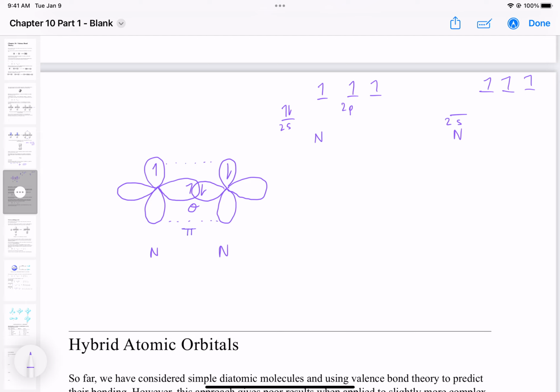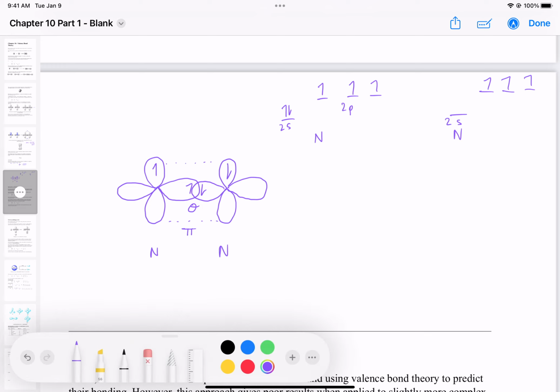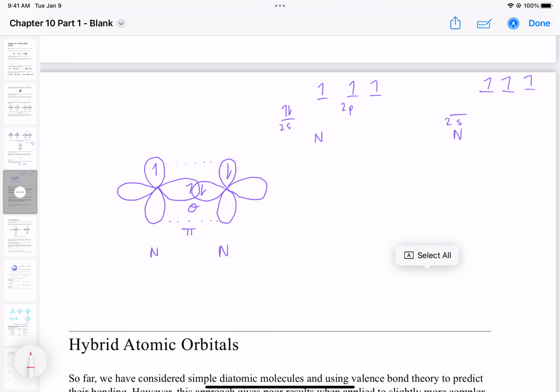Okay, so that accounts for one pi bond, but there should be another pi bond. So let's draw this bond a different color so we can differentiate it. There's going to be another bond that's going to come out here, and that's going to be the other pi bond.